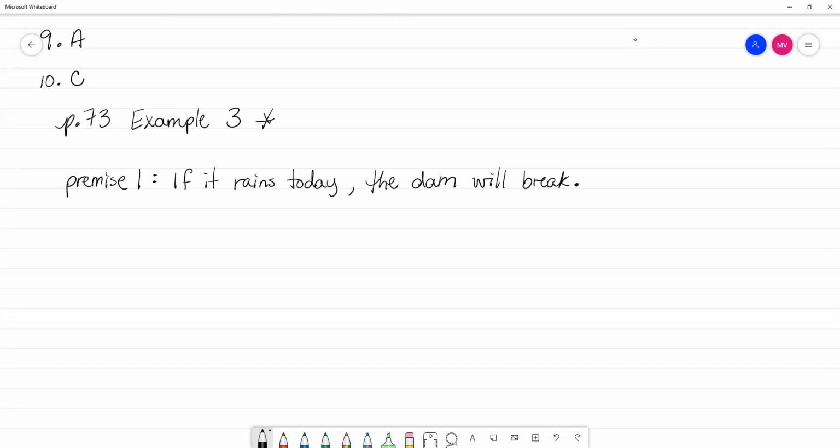This you don't have in your book, and you don't have it on your review guide either. I found it later to kind of help us out. Premise 2 said it did not rain. So the conclusion says the dam did not break.